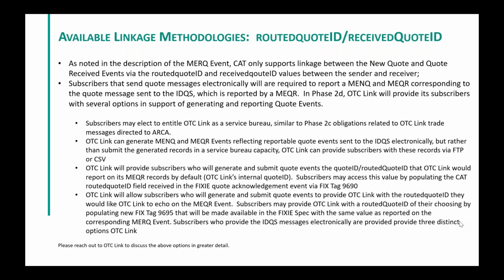We would, in those cases, use the quote ID that OTC Link assigns as the quote ID, and use it as the routed quote ID as well as the received quote ID, so that there is consistency amongst all of the identifiers that would be persistent and can be restated throughout the entire life cycle of the quote. So we would default in a Service Bureau capacity to the quote ID we assign.